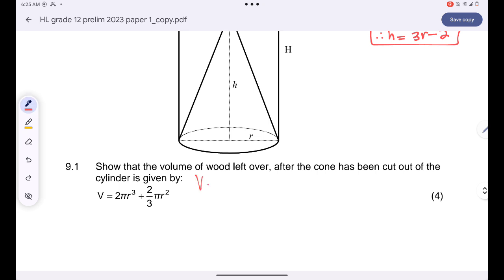So the volume of the cylinder is equal to the volume of the cone plus the volume left over. Therefore, to find the leftover volume, I just need to take the volume of my cylinder and subtract the volume of the cone from it.